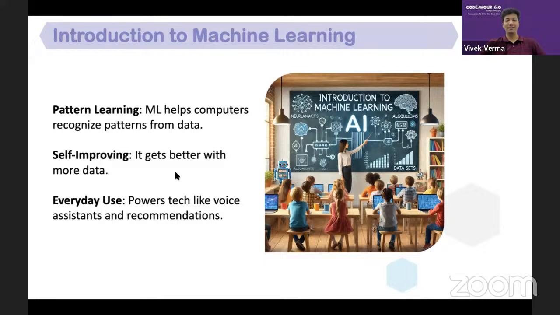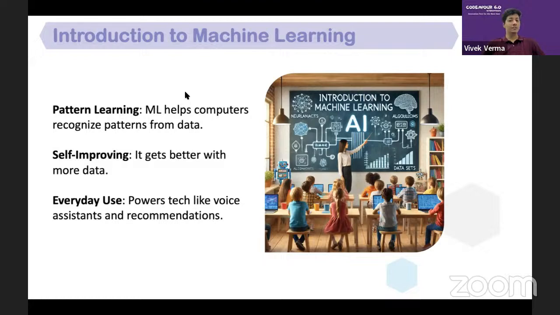Okay. All right. Fine. Now let me give you a gist of what exactly machine learning is. Have you seen that robots have been waking up? Robots have been doing tasks lately. They have been learning from their own mistakes. They have been doing tasks autonomously as well.